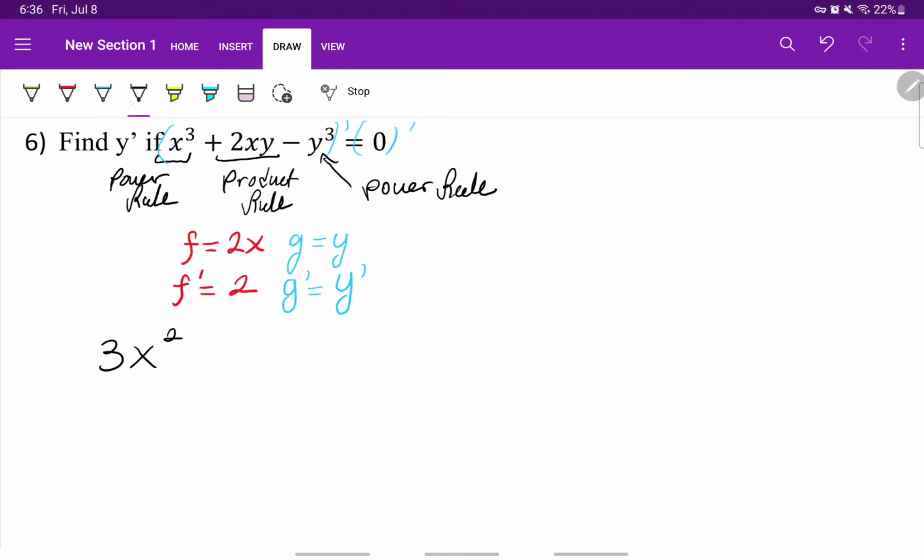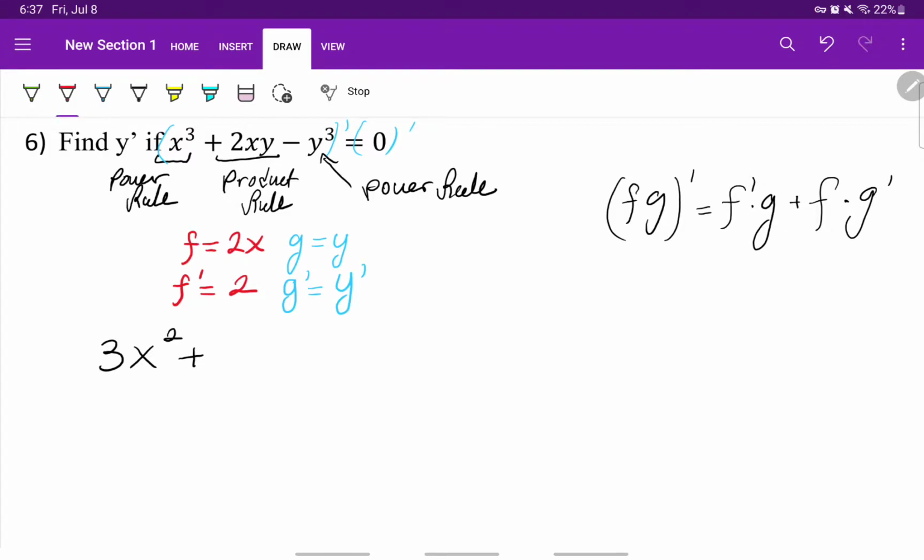And remember that we are adding between these two terms. Let's put the addition sign down here. And remember, for the product rule, I'm going to write it over here. When you are taking the derivative of two things multiplying, it is f prime times g plus regular f times g prime.